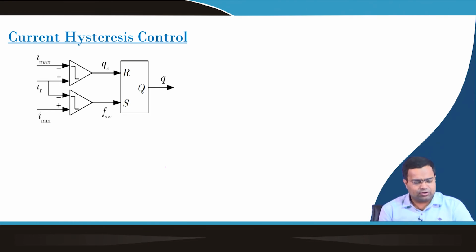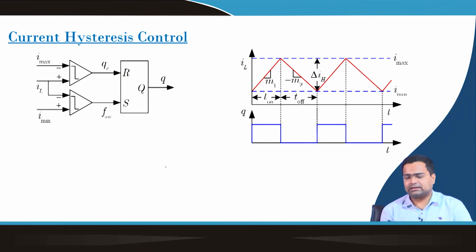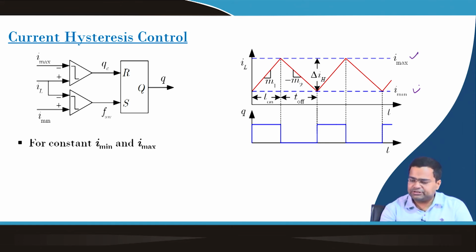So, in current hysteresis control we can consider the inductor current, and keep it between the upper and lower values, the maximum and the minimum. If we use a fixed current reference, upper and lower, then the inductor current ripple can be made equal to the current hysteresis band.